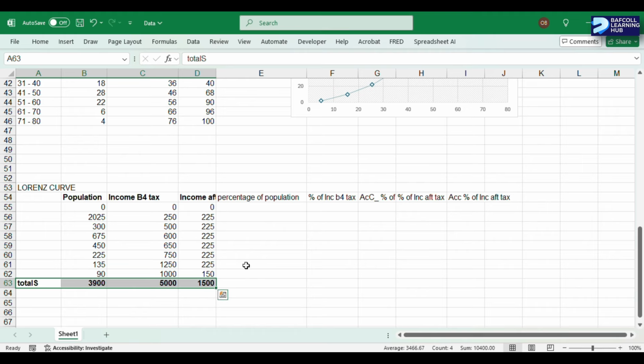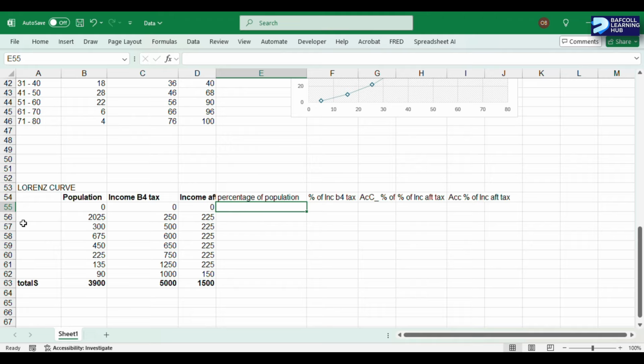So my percentage of the population will be equal to this population divided by the total, and I have to hit F4 since I'll be dragging through, times 100. This gives me 0.